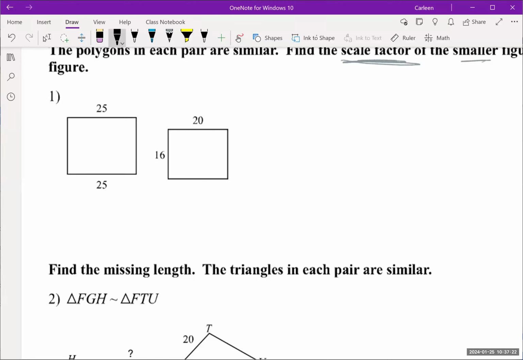Okay, awesome. Thank you. So small to big, we're going to go 20. Can we see how these are corresponding? Those are corresponding. We are not using the 16. We are using length with length. So you guys are all good, 20 to 25. And then we're going to reduce it. If you come in, I will show you how to reduce using the ABC button on the calculator.